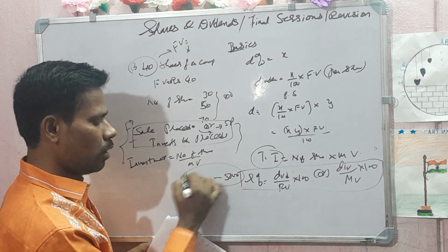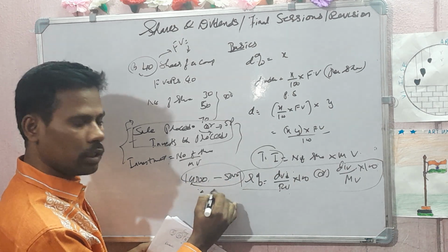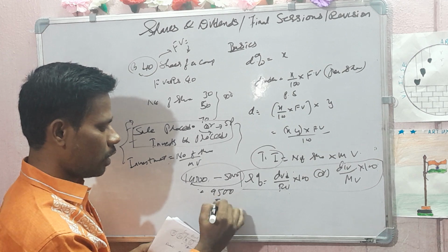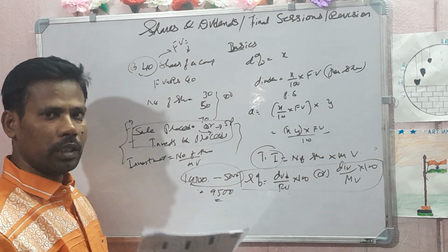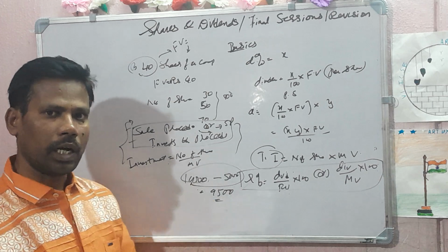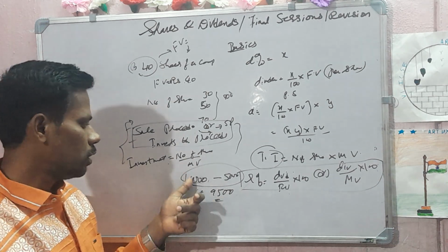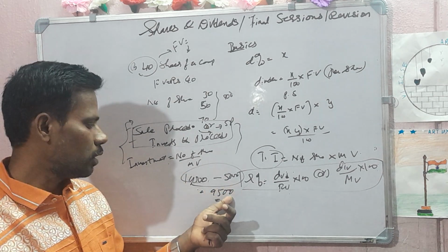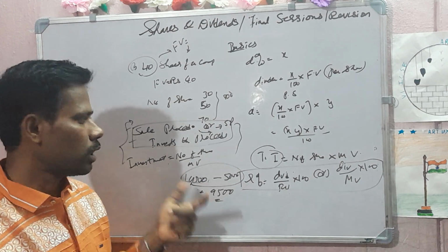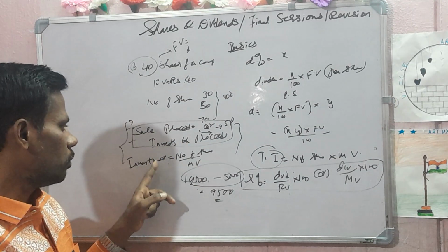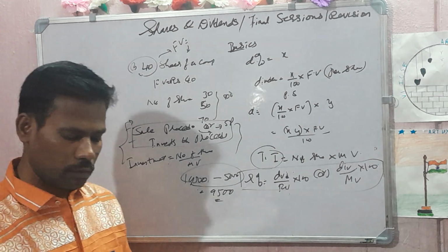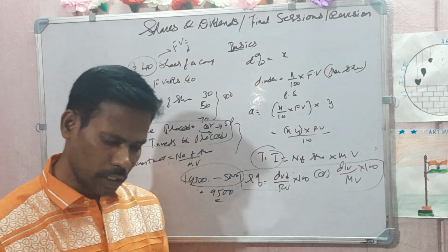So sale proceeds means his income minus other expenditure. I am just taking an example. That is also called invest the proceeds, that means investment, number of shares by market value.